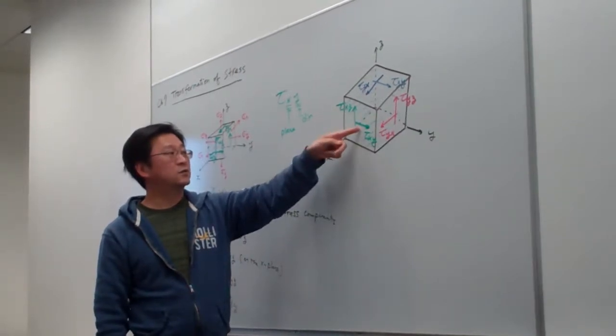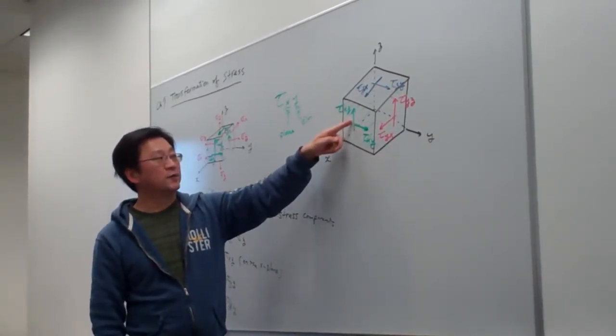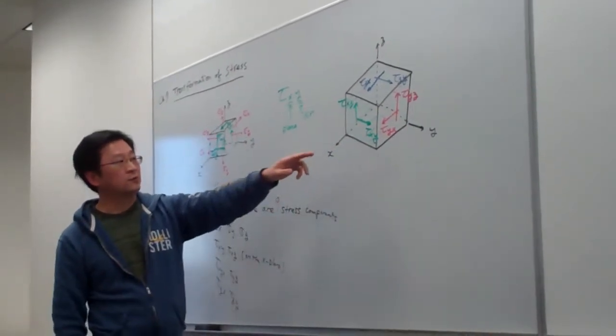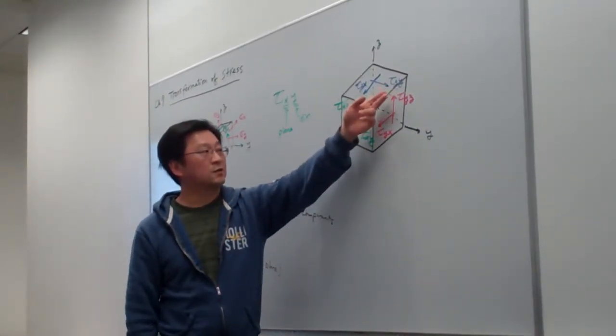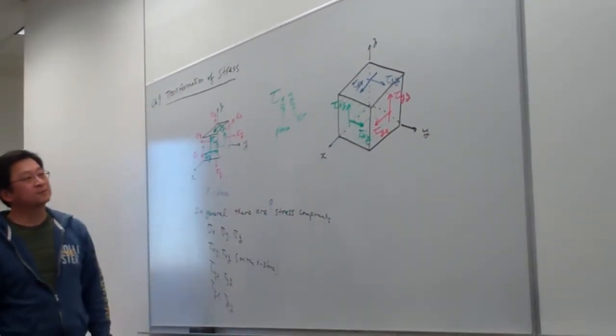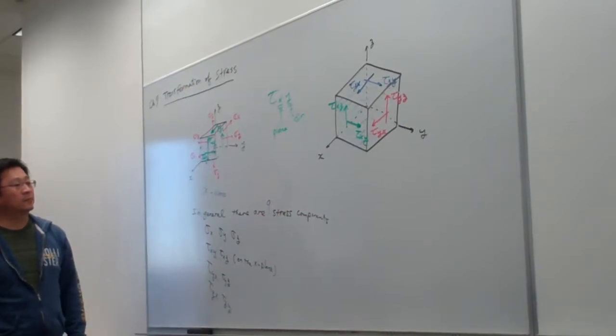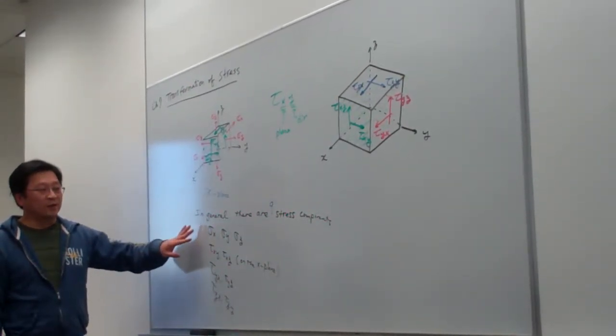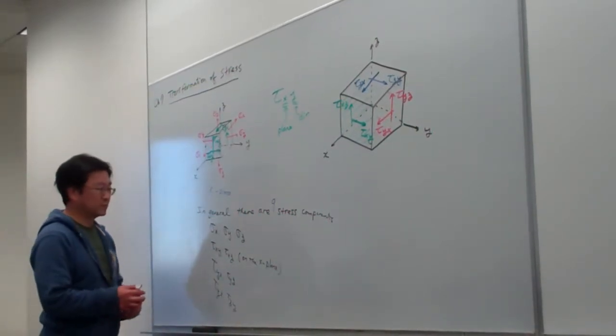Yeah, the two green shears are on the same face. And the same thing, the two red shears are on the y face, and the two blue on the z face. So in total, we have 9 stress components, and those are called the 3D stress.